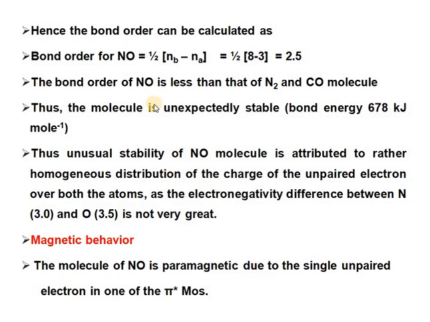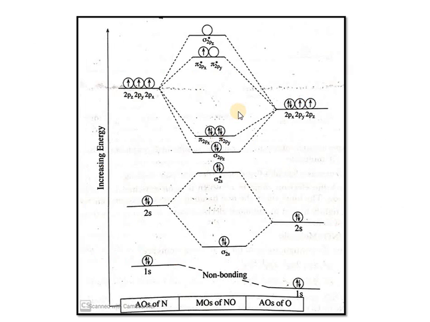Now let's see how many bonding and how many antibonding electrons there are. In the molecular orbital diagram, this is a bonding molecular orbital. So this is 2, this is 4, 6, and this is 8.